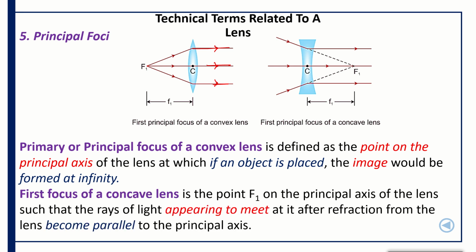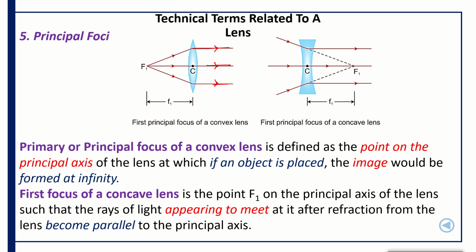So the first focus of a concave lens is the point F1 on the principal axis of the lens such that the rays of light appearing to meet at it after refraction from the lens become parallel to the principal axis.